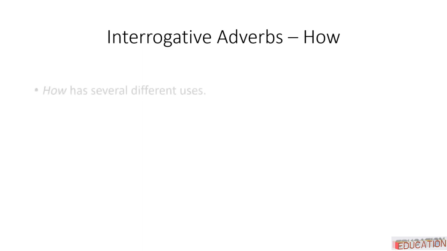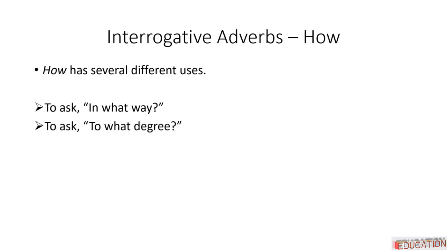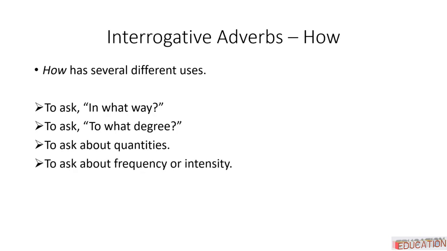More important is to look at how we use them today. Now, how has several different uses, and it can be used to ask in what way, to what degree. We can ask about quantities, and we can ask about frequency or intensity. We'll look at some examples now.